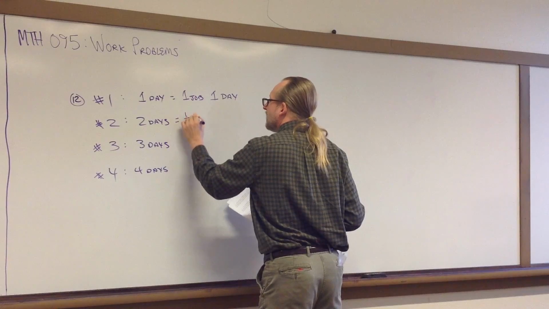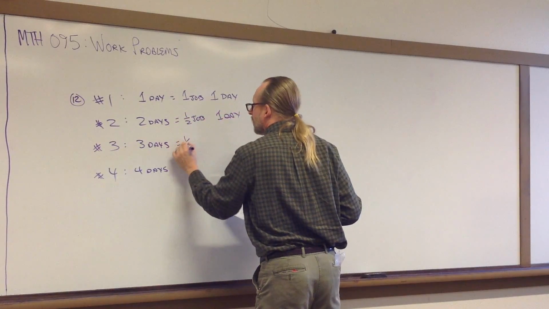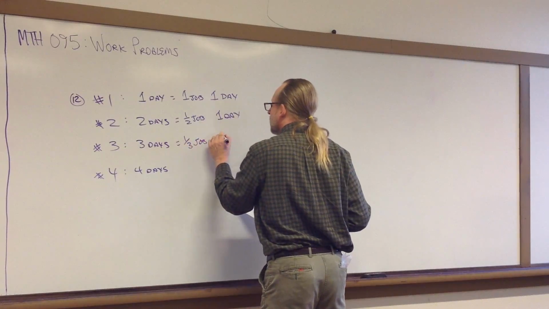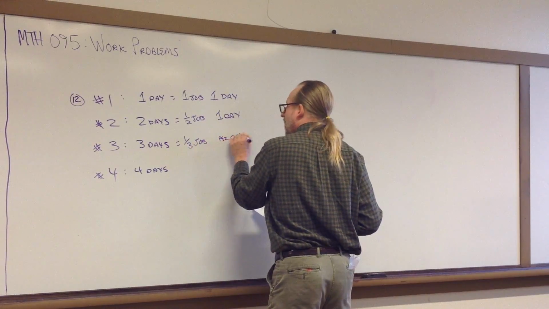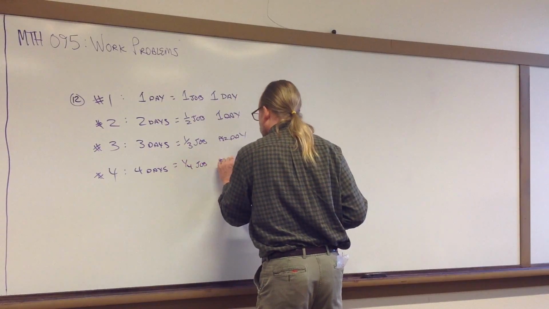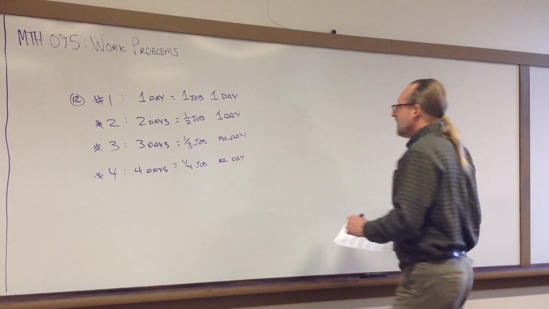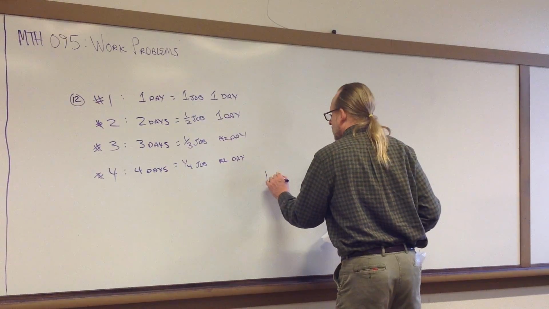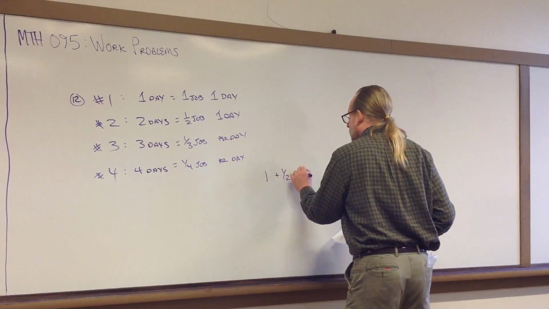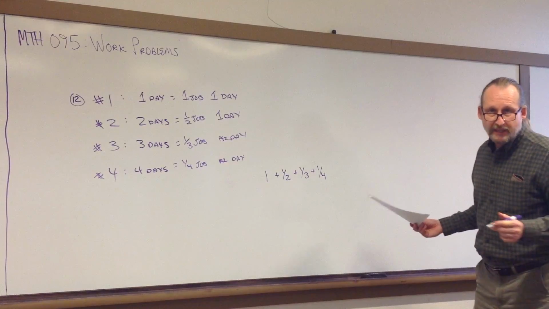This one will complete half the job in 1 day. This one, 1/3 of the job per day. And this one will do 1/4 of the job per day. So if you get them started at the same time, every full day that they work together, they'll be completing this amount right here.